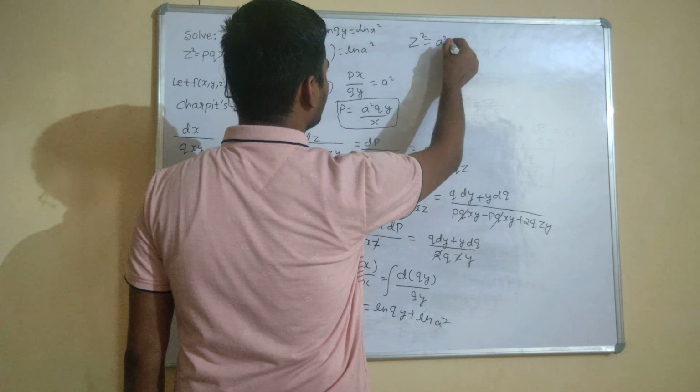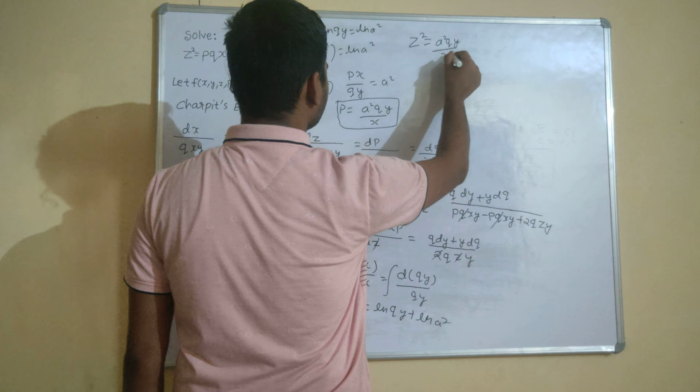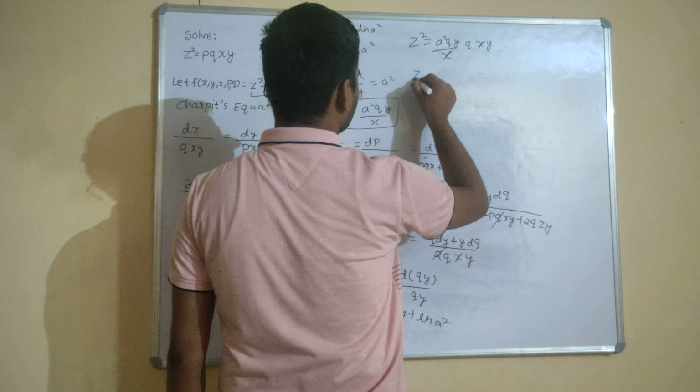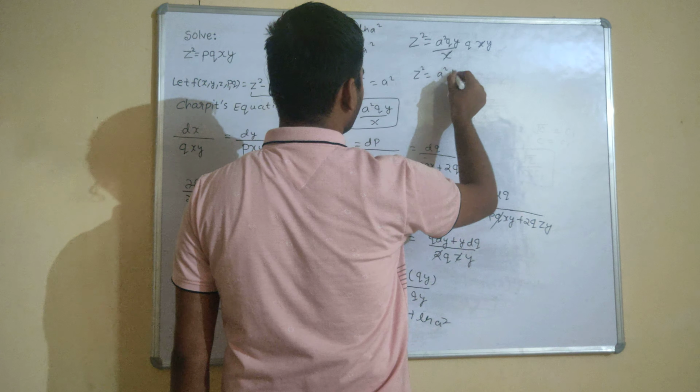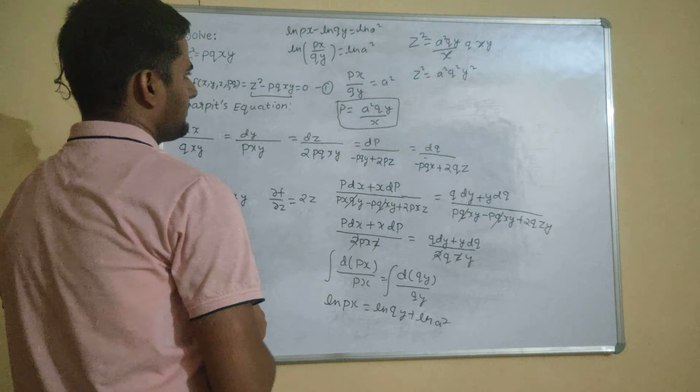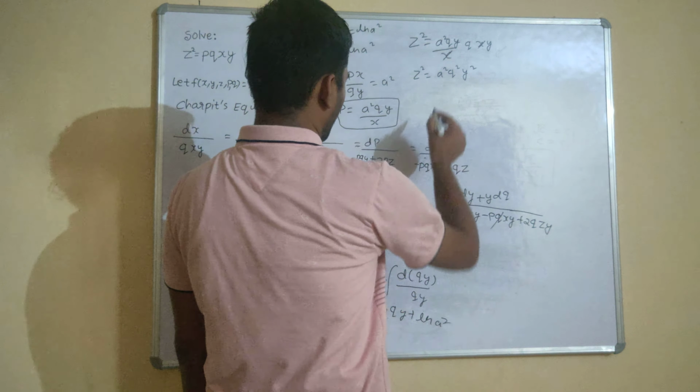So you get z square equals, in place of p, put a square qy by x, times qxy. Only x is getting cancelled. So z square is a square q square y square. Perfect. I want q.